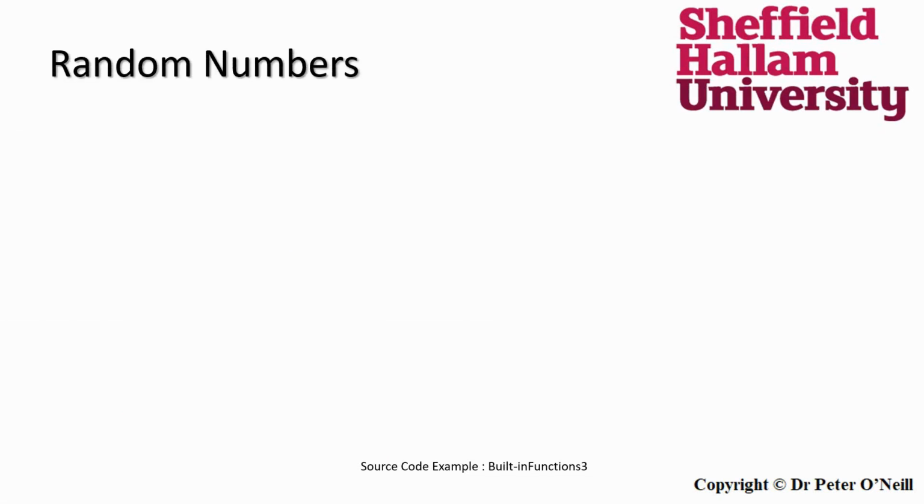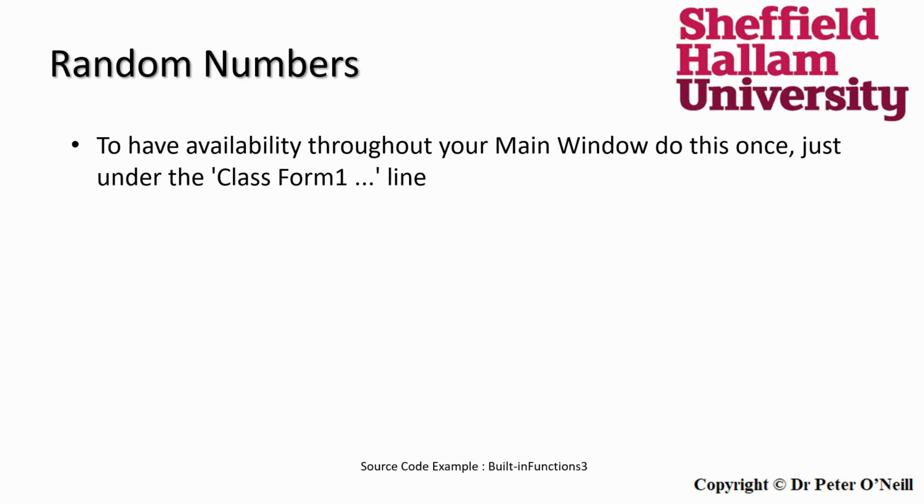Okay, random numbers. To have the ability throughout the main window to do this once, just under the form class form 1 line, add the following code. Int I. Random, my random, becomes new random.